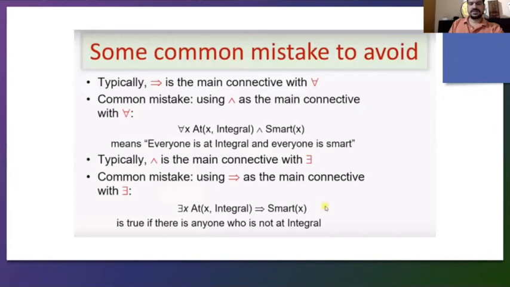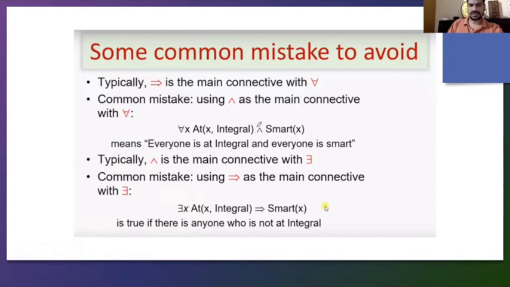There are some mistakes that we generally make. If you remember, for the universal quantifier we use the implication symbol, and for the existential quantifier we use the conjunction.